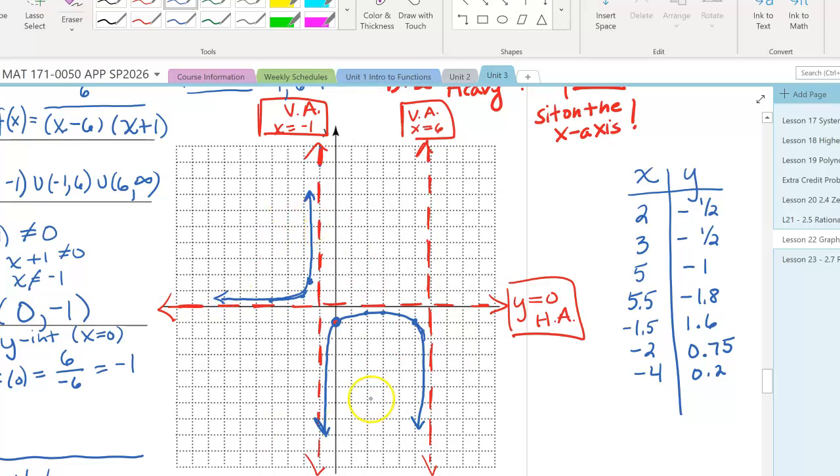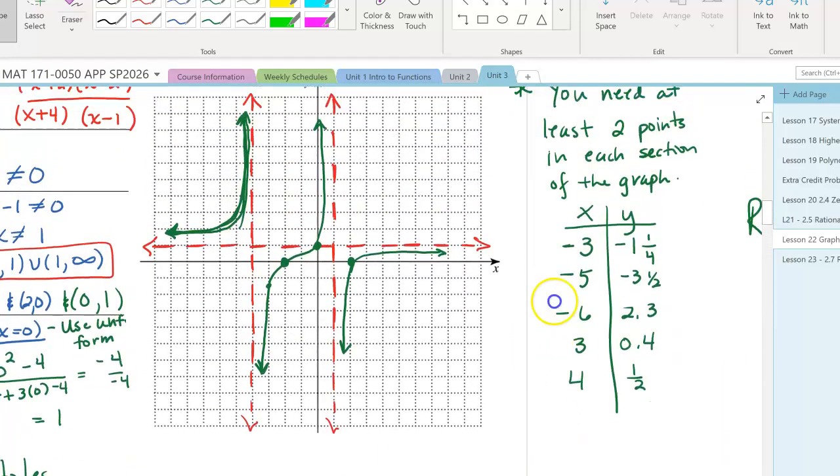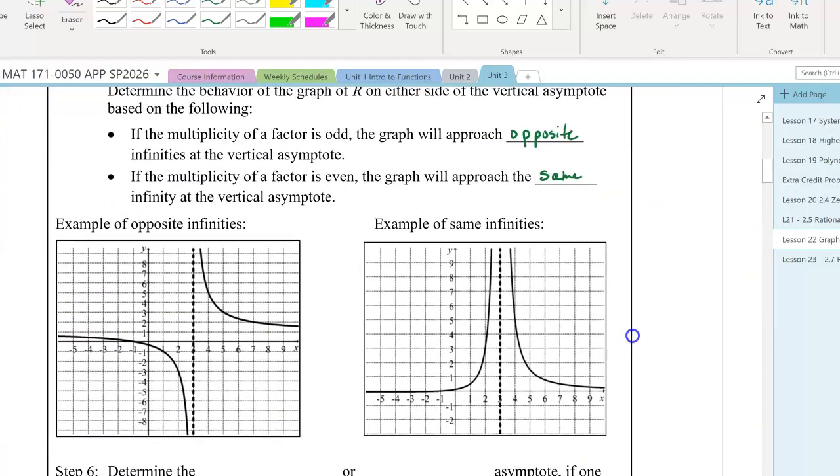This is right in line with what we talked about on the pink page. Remember that this can tell you what's going on on opposite sides of your vertical asymptotes. If you have a factor whose multiplicity is odd, they're going to go in opposite directions.